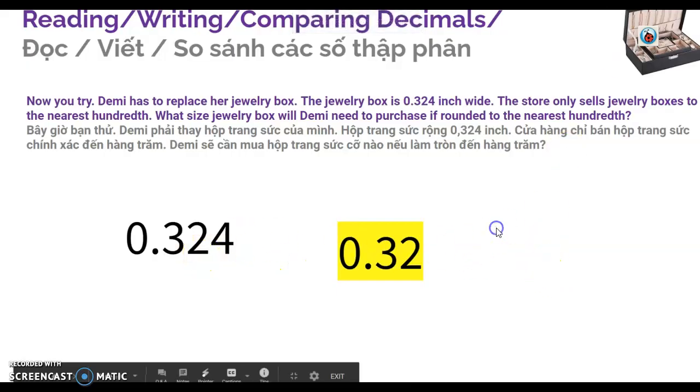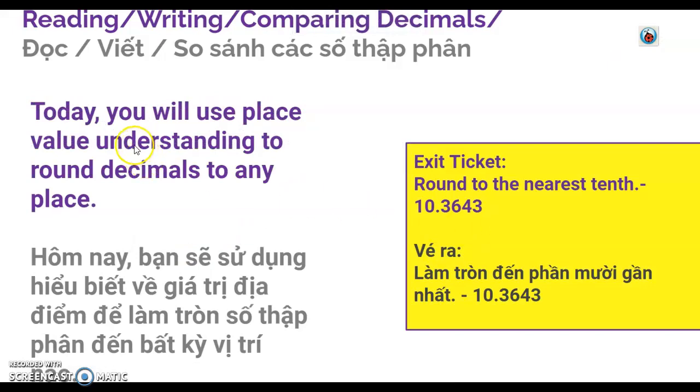Okay, here's what I would like for you to do. Before you leave me for the day, I want you to round this number to the nearest tenth. You can either practice using the place value cubes, drawing them, or you can do it the traditional way.